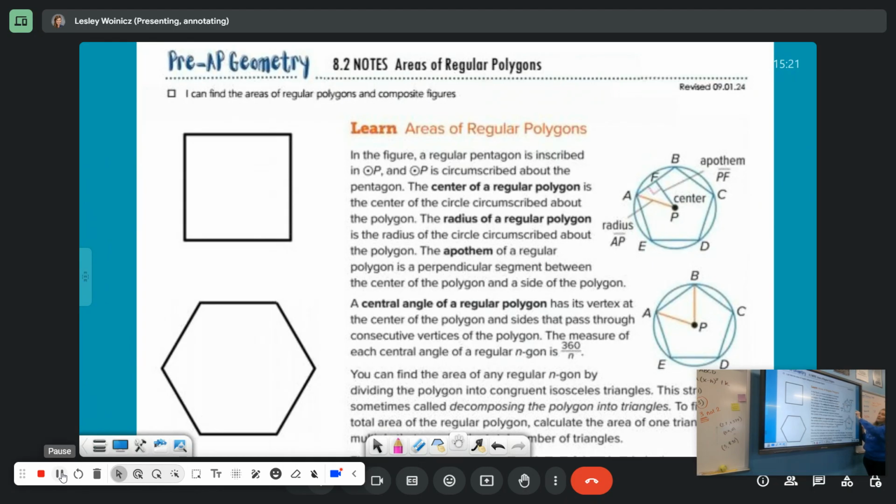The weird little segment that connects the center of the polygon to the center of its side is called the apothem. It rhymes with opossum, which is a small marsupial. Okay, and then a diameter would of course go all the way across.